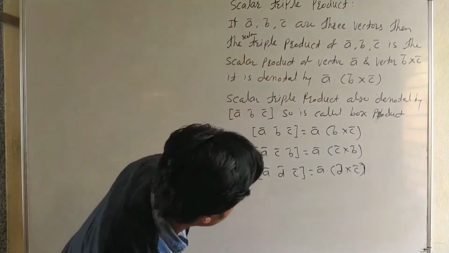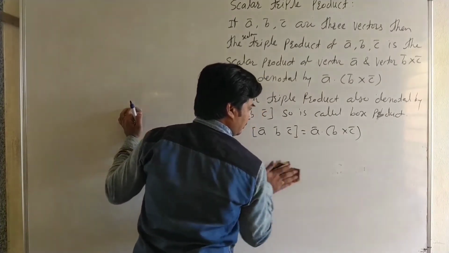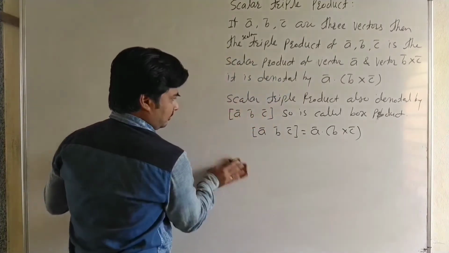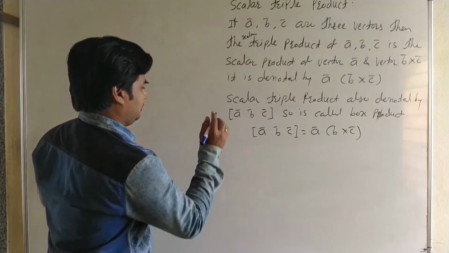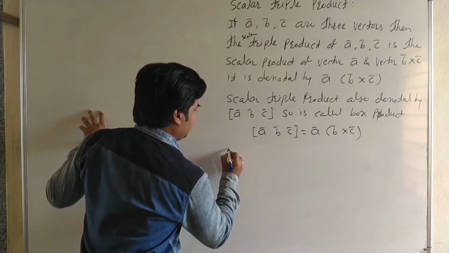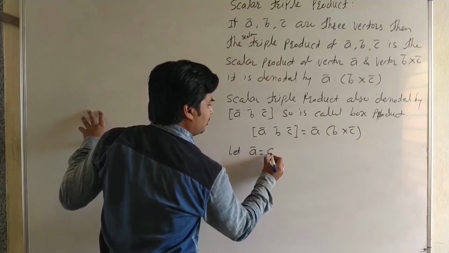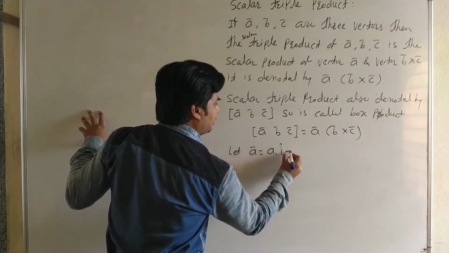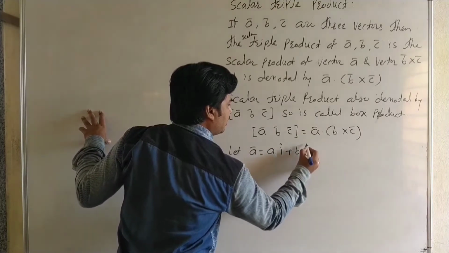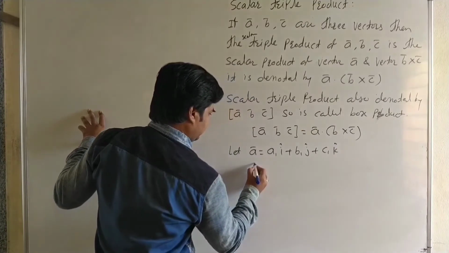Now, for example, let A bar is equal to A1 i cap plus B1 j cap plus C1 k cap.